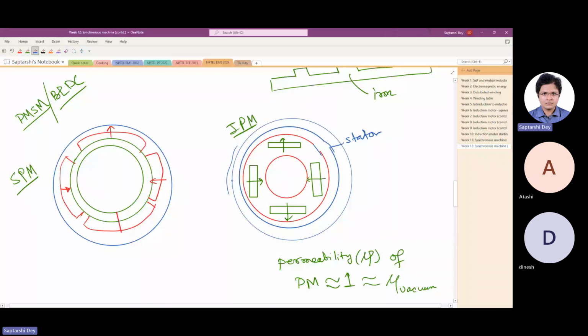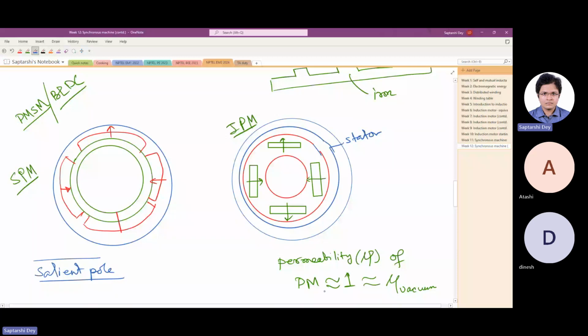Now you see one thing, this SPM apparently looks like a salient pole because it has magnets protruding out of the rotor. But as I said, the permeability of permanent magnets is almost the same as that of vacuum or air.